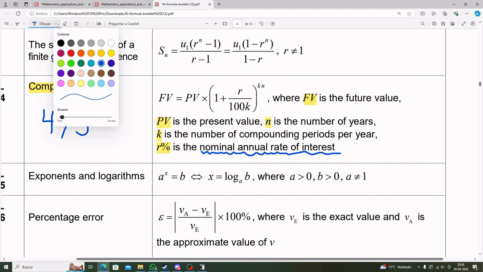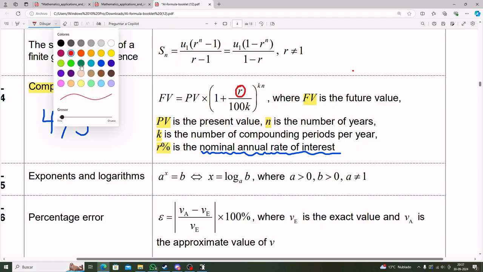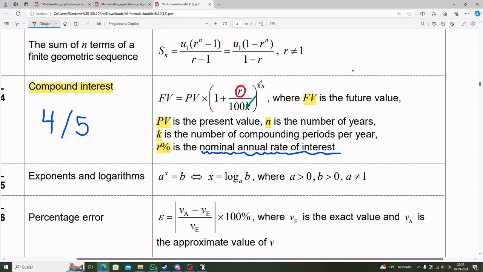So basically what's happening here is that they're telling you, you do not have R, but you do have K, you do have N, you do have PV, you do have FV. Although this might look very nasty once you plug everything in, you have to realize you have 4 out of 5, and if you have 4 out of 5, you can solve it.